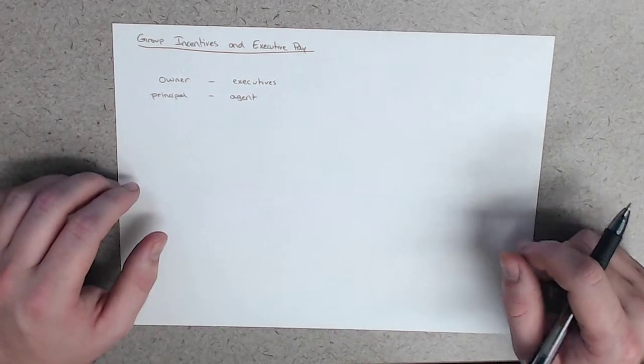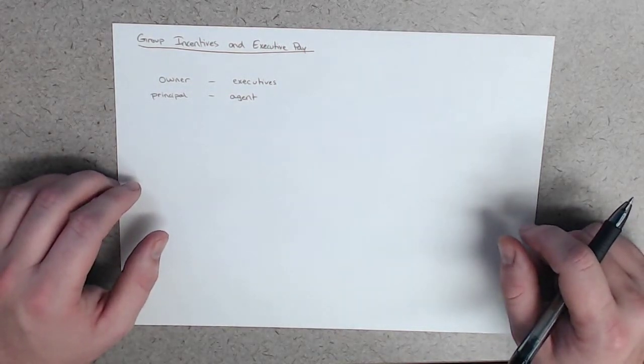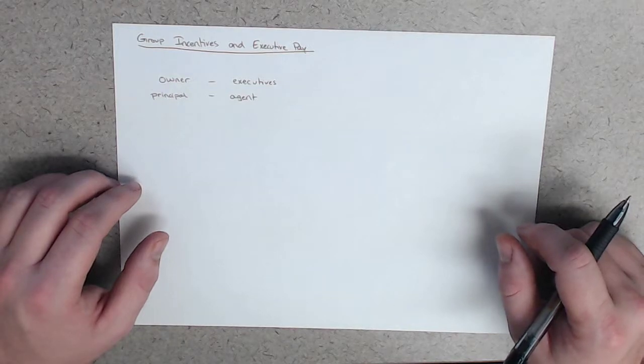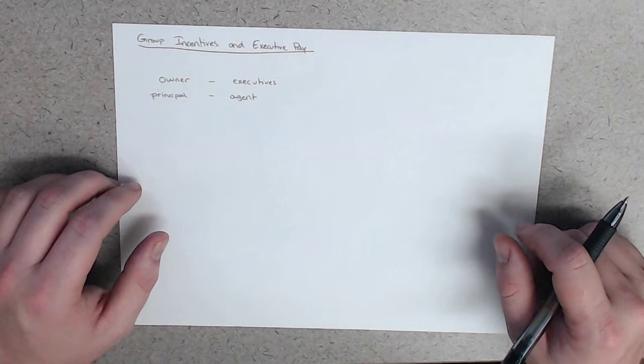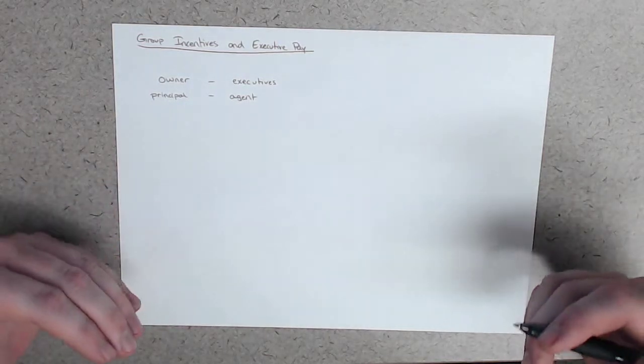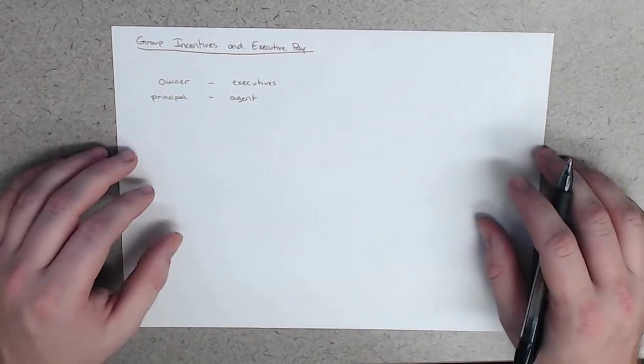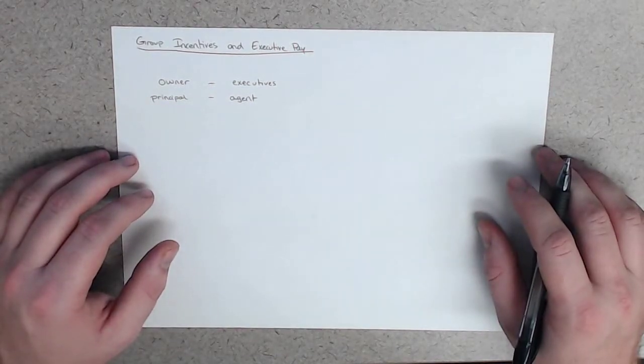Or they might pick projects that pay off in the short run while they're employed, but are costly in the long run, which comes after they've retired or found a new job. And so tying the executive's pay to the profitability, right?